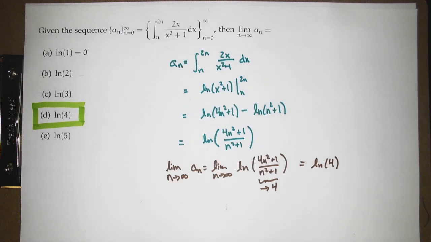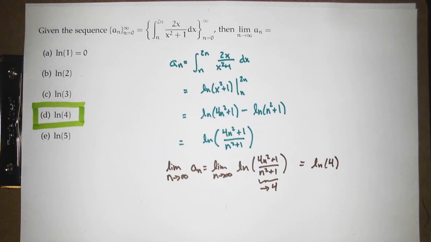And so we really just need to figure out what a sub n looks like. It's written in terms of an integral, so let's figure out what that is in a simpler way, something for us to work with. We can integrate 2x over x squared plus 1.